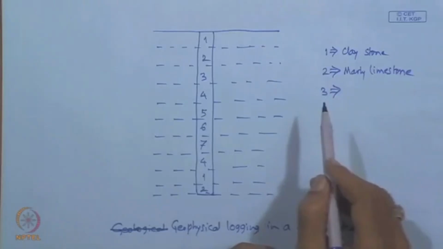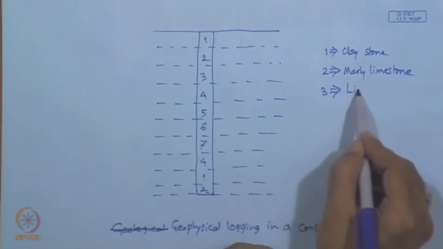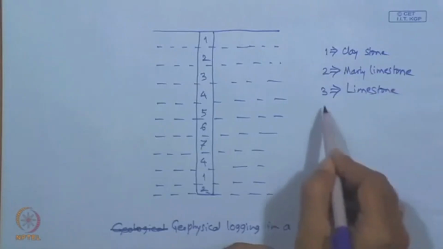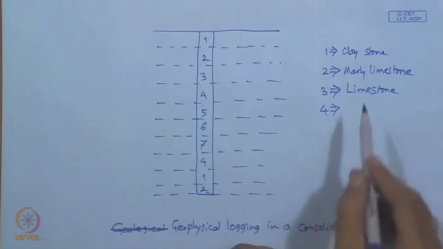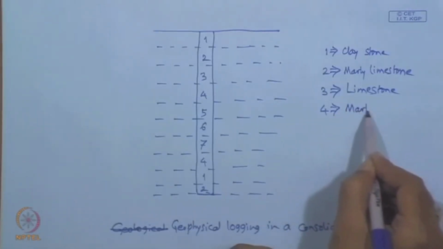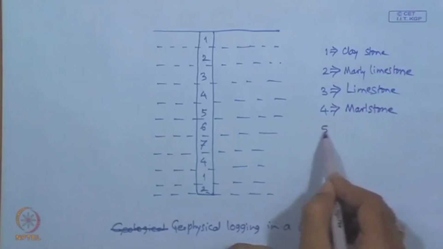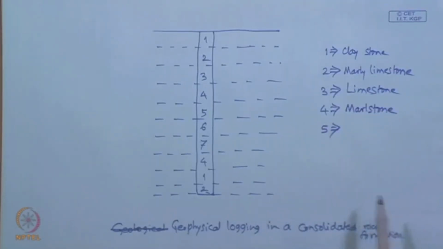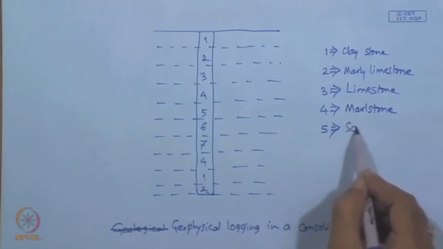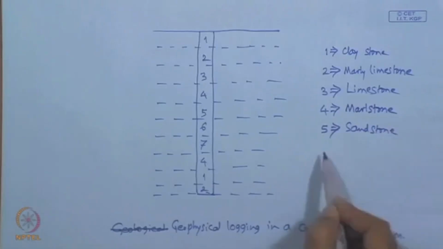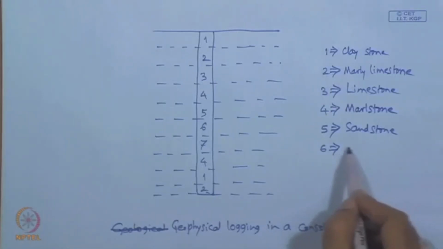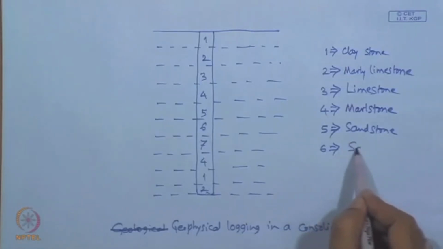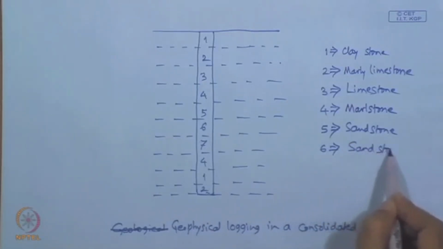Formation number 3 represents limestone. Consolidated rock formation number 4 represents marlstone. Formation number 5 represents sandstone. Formation number 6 represents sandstone.